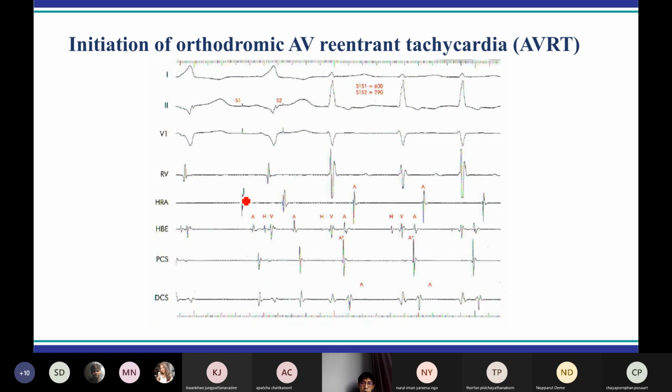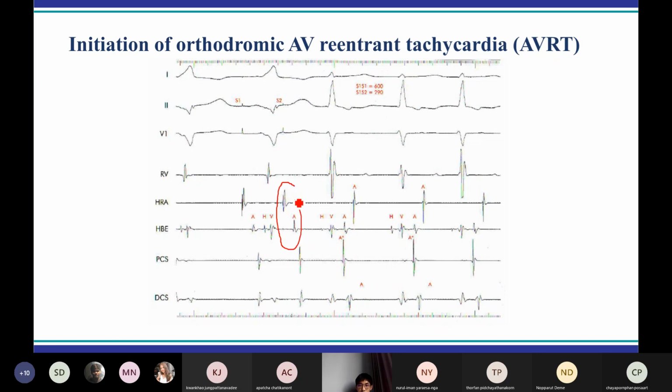This is the pacing from the atrium, and this results in an HV beat, which is this beat, and this beat is pre-excited because the signal can go into both the AV node and the accessory pathway.